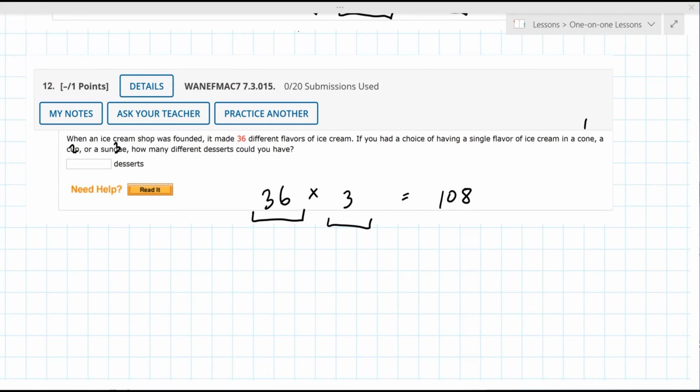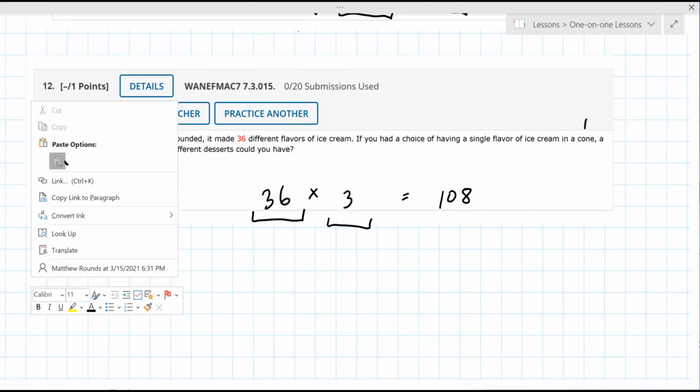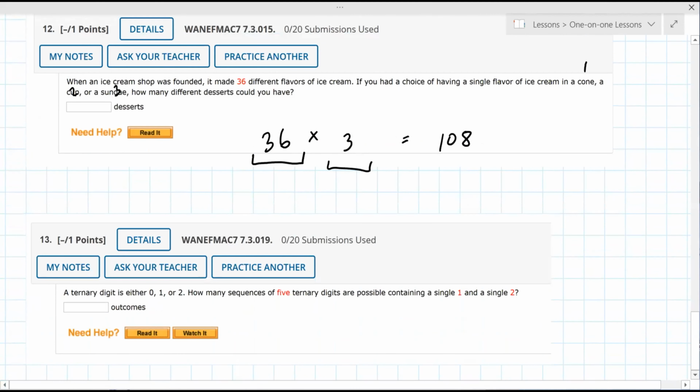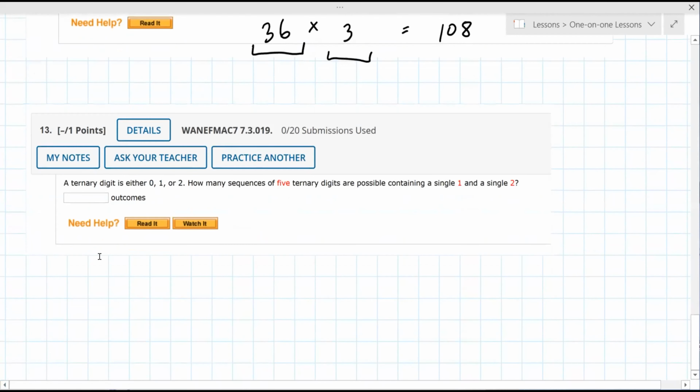On to number 13. A ternary digit is either 0, 1, or 2. How many sequences of 5 ternary digits are possible containing a single 1 and a single 2?